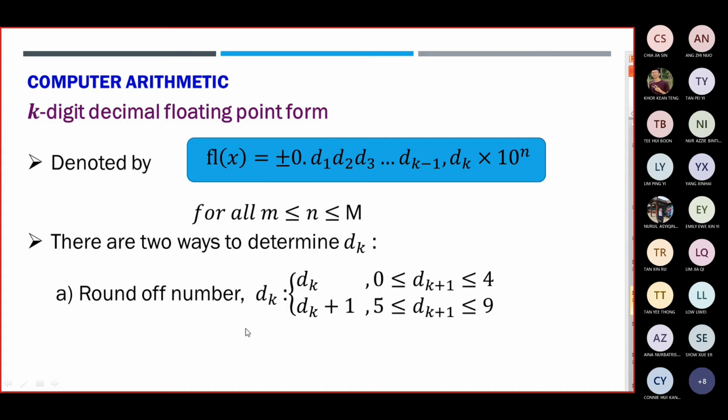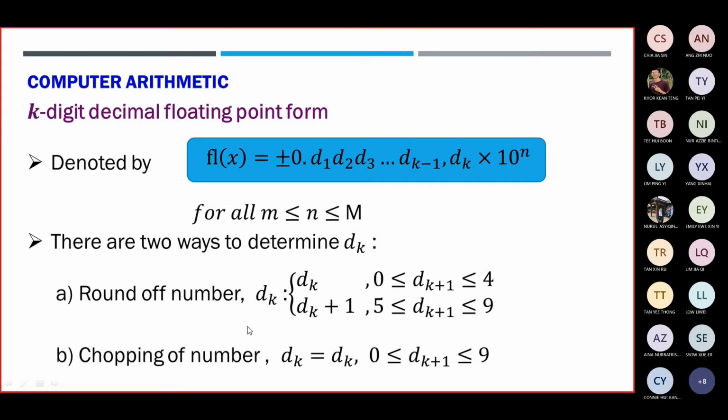The other way the computer system reads is based on the chopping of numbers.